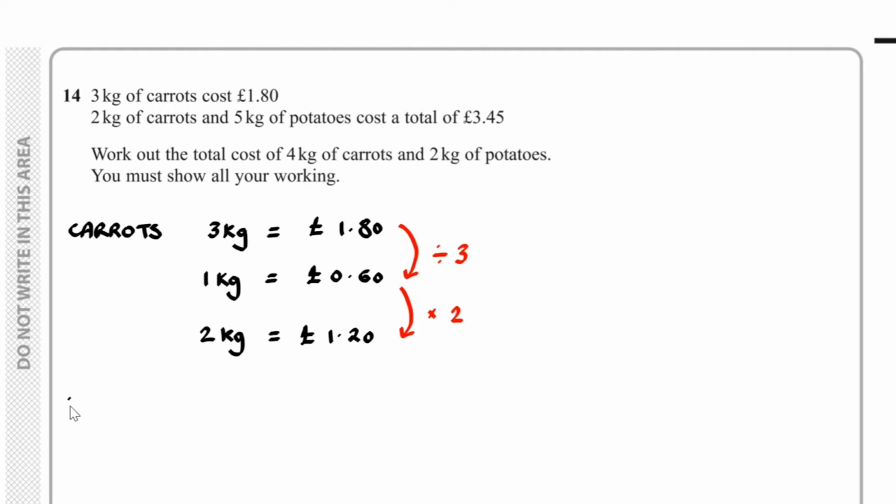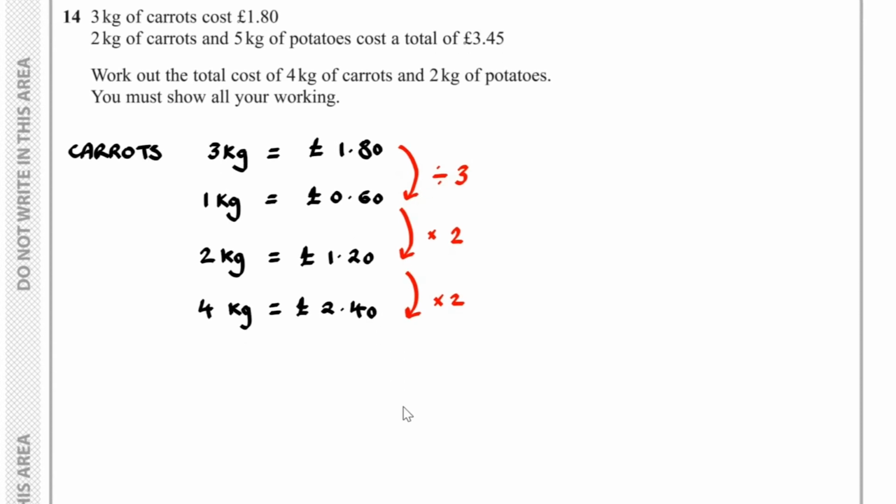And so therefore, for 4 kilograms, because that's what we need to work out, if I times by 2 again, 4 kilograms costs £2.40. So that's the cost of 4 kilograms.